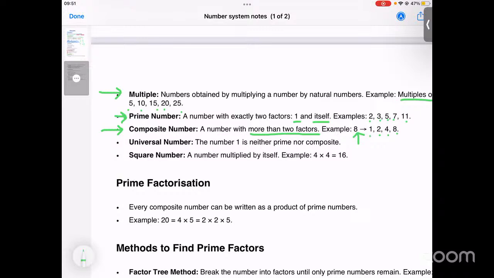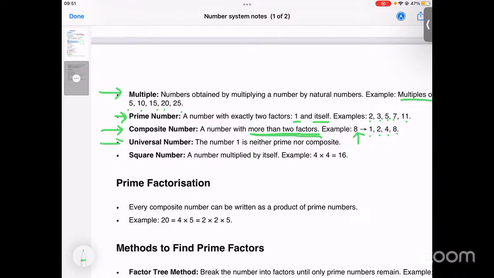Not necessarily 2 or more, but more than 2, because if I'm saying 2, it means it falls under a prime number. The correct way of saying it is more than 2 factors. So 3 and above.